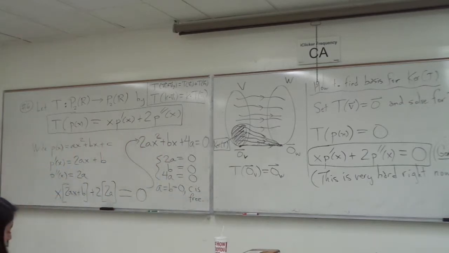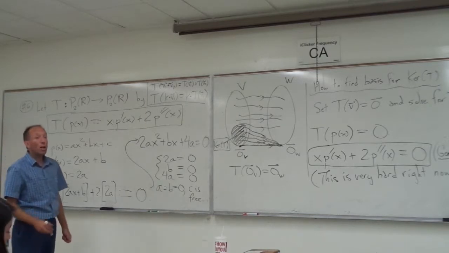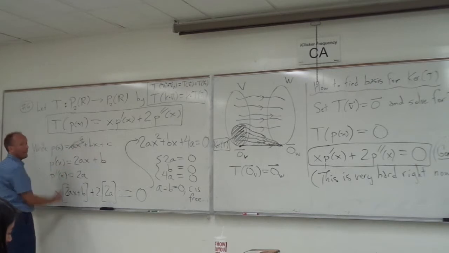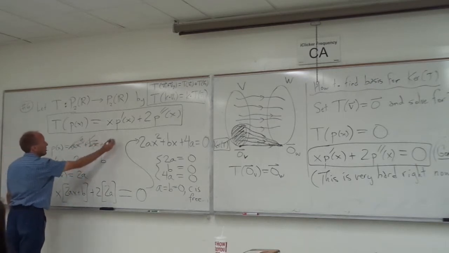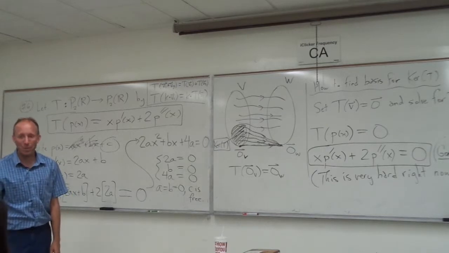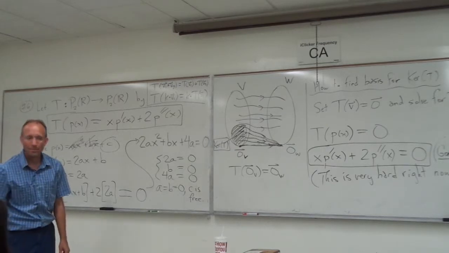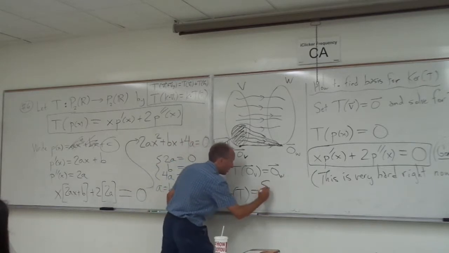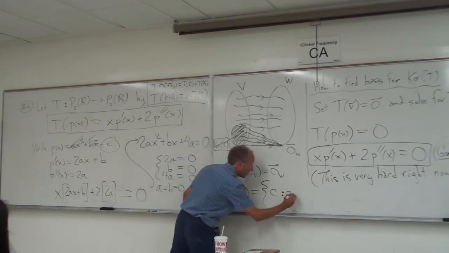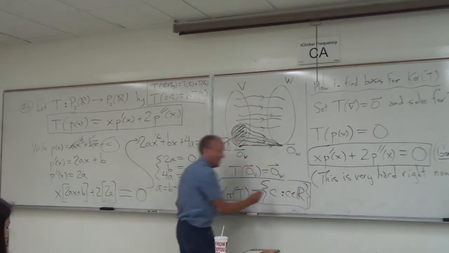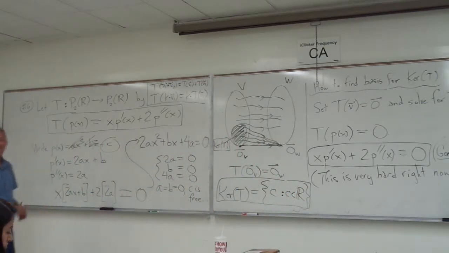So guys, which polynomials are in the kernel? A is 0, B is 0, but C is free. Every constant polynomial is in the kernel. So the kernel of T is just the set of C such that C is an element of R. That's it.